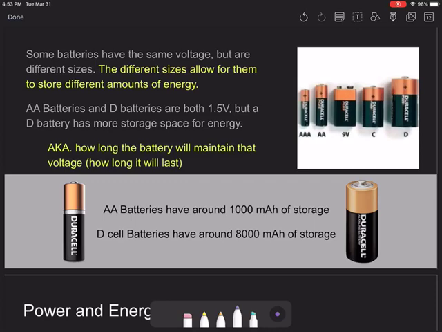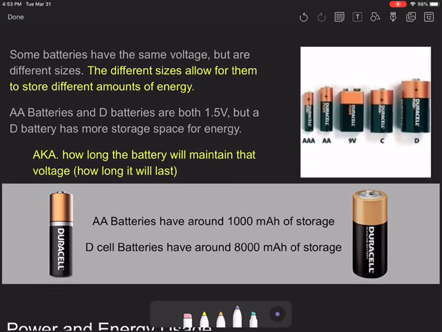Well, if we take a look at our batteries that we were talking about before, our AAA or AA or C or D, those all have the same voltage, right? Our AAA, our AA, our C, and our D all have 1.5 volts in terms of a potential difference.